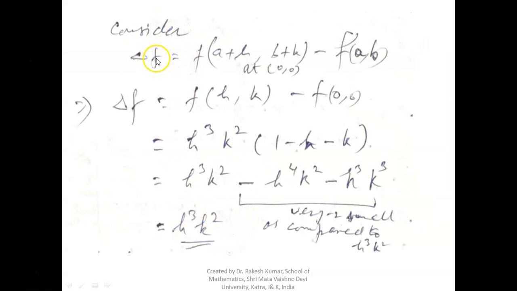So consider delta f. Okay, delta f is nothing but f of (a plus h, b plus k) minus f of (a, b). So this a is 0 and b is again 0. So we are left with f of (h, k) minus f of (0, 0), and if you try to find this from the given equation of the curve, we get this.